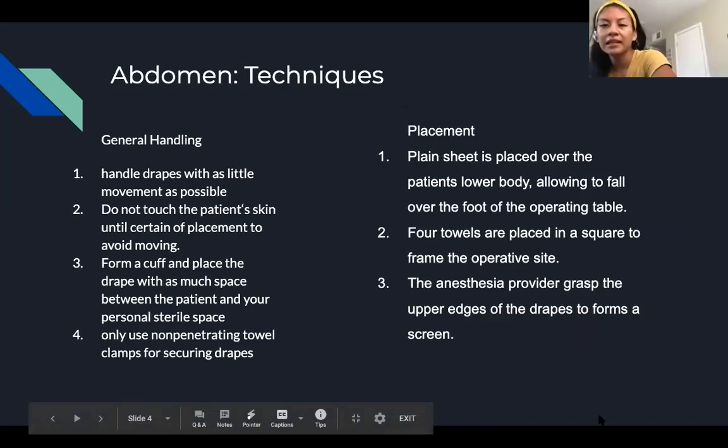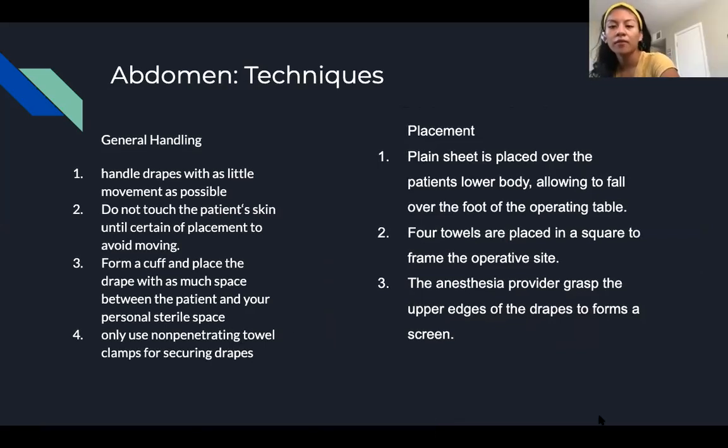So for the techniques, there's the proper handling of the drapes, as well as the specific placement for abdomen draping. So the general handling, just to remind everybody, is to handle drapes with as little movement as possible.